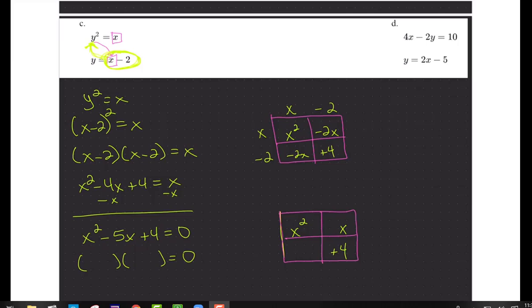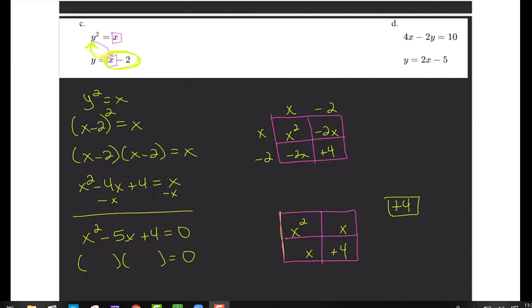And so we're trying to figure out how to separate that negative 5x. We want to split those into two different little x's, right? So to figure that out, we're going to do a times c is positive 4.